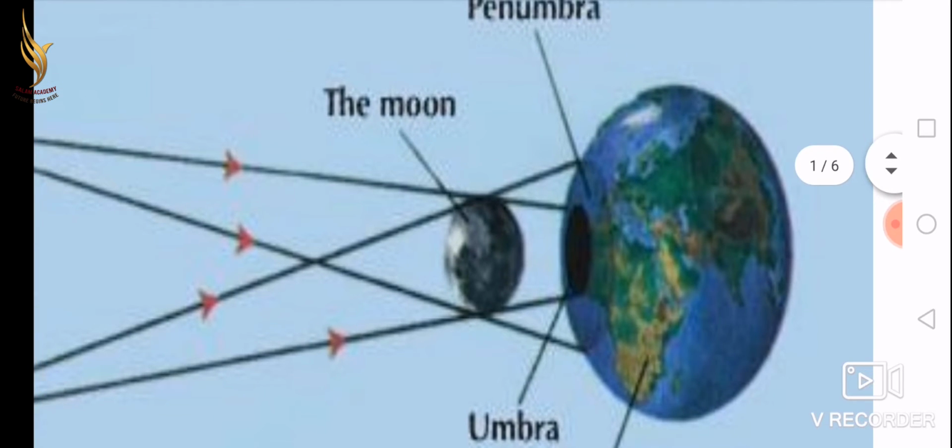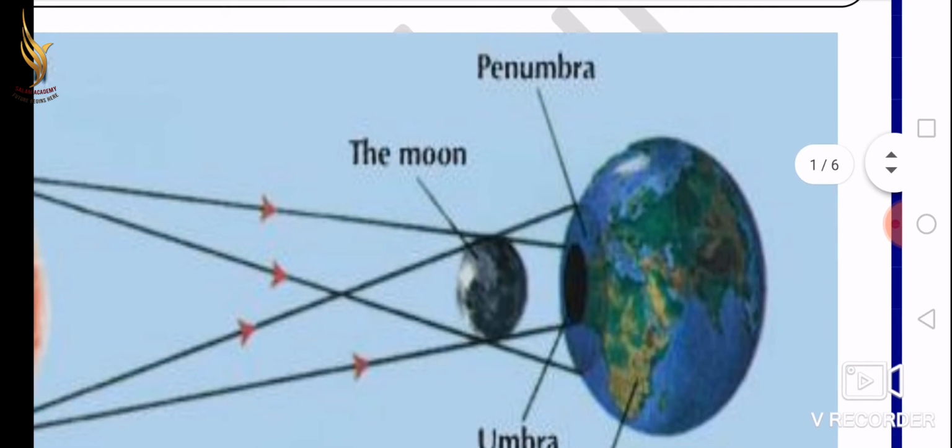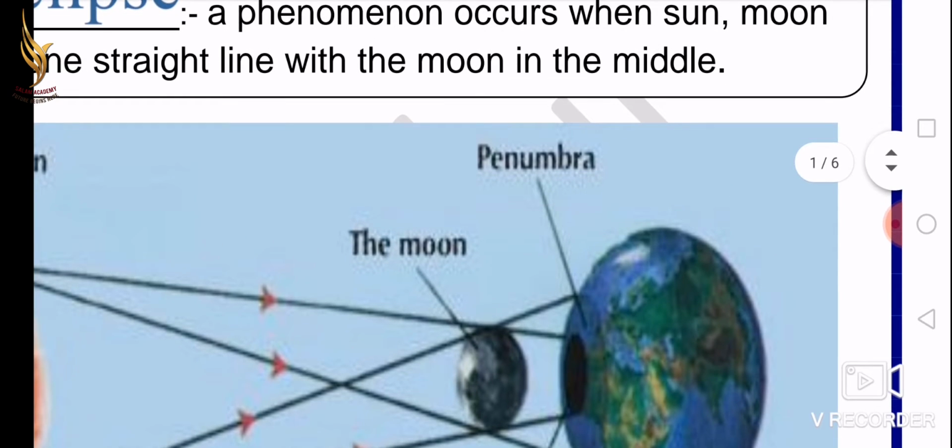While if you are in the penumbra area and you look at the sun from the penumbra area, you can see part of the sun. This type is known as partial solar eclipse.